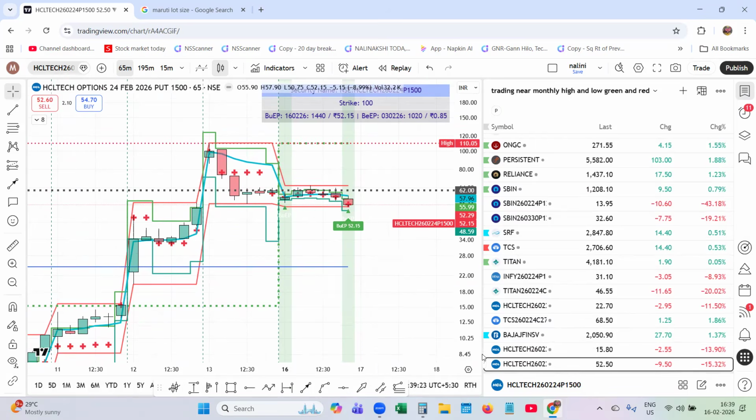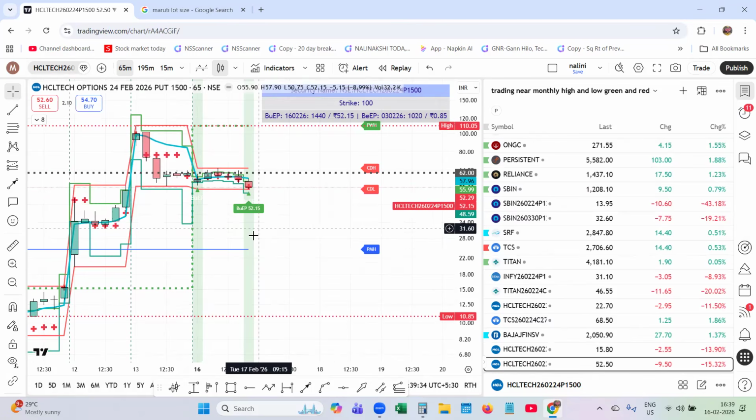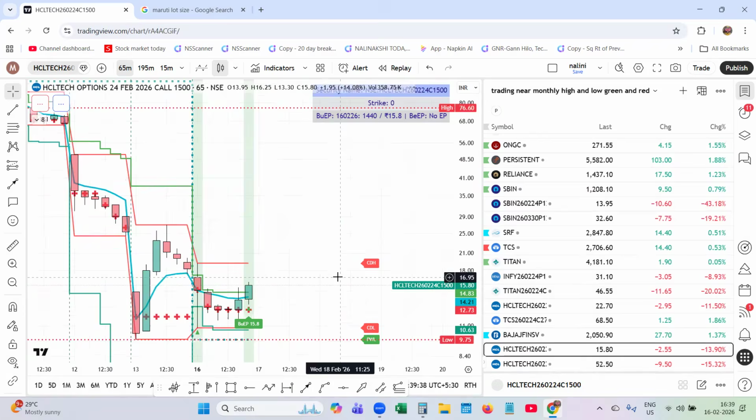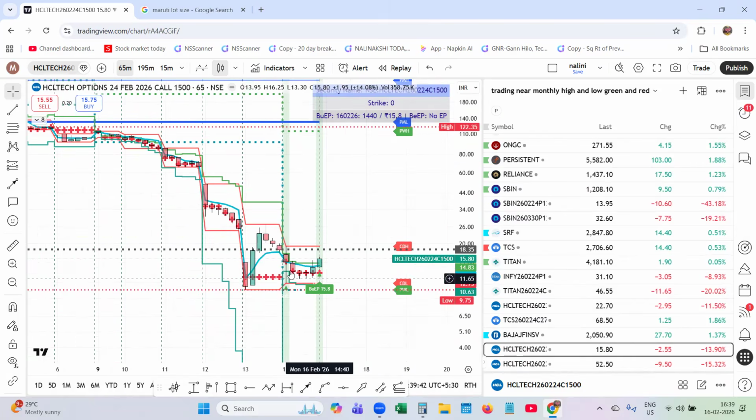This is above the previous month high. So if it starts coming down, and if this call option starts moving higher, then we have a chance for some sort of pullback. You can trade for a few points like 27, 38.